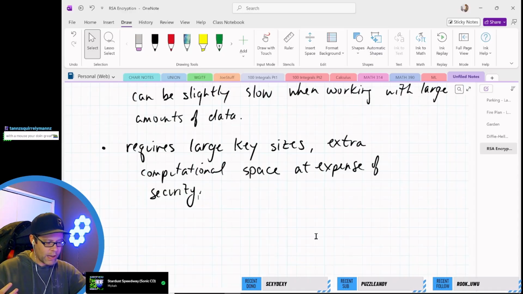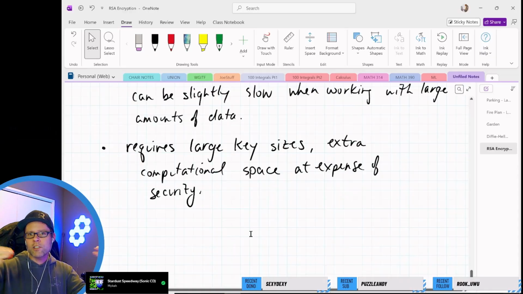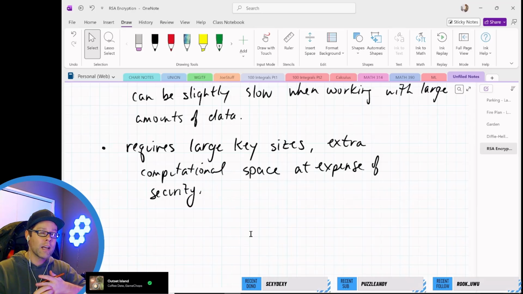That's kind of the gist that I got from the source that I was looking at. And that has something to do with the key sizes. We're using really, really big prime numbers. So when we go to actually calculate these public and private keys, those values tend to be quite large, and it takes up a lot of bits, I believe, with regards to these key sizes.